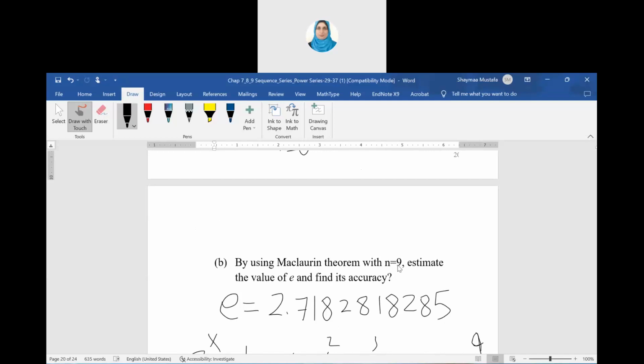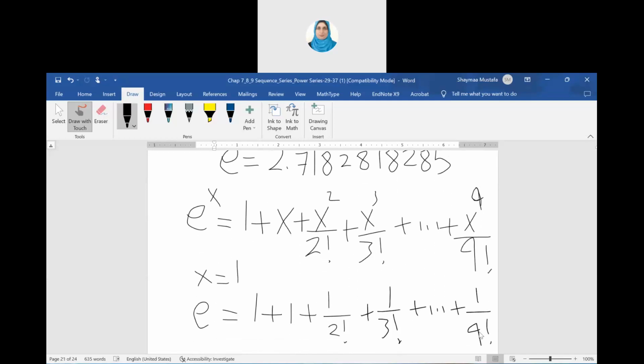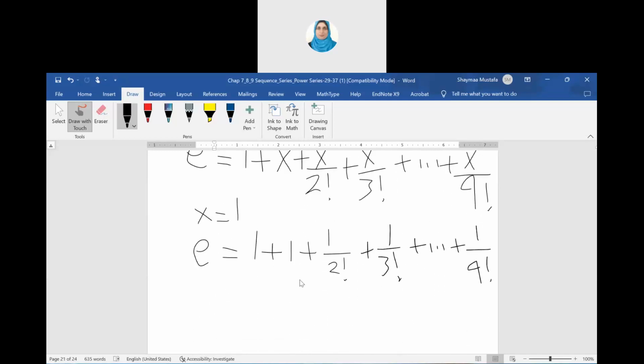So you stop at n equal to 9. Now calculate these terms by calculator. You will find e, or the summation, is equal to 2.718281556.